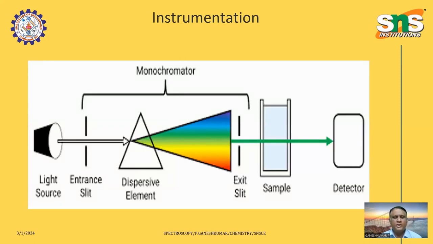So the exit slit selects a particular wavelength, allowing it into the sample container, and the sample container will absorb some part of the radiation. Then the remaining light is detected by the detector, and it gives the reading or the graph through which we can identify the concentration or amount of substance, or whatever may be the things we discuss in applications.